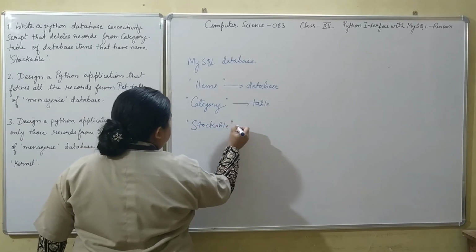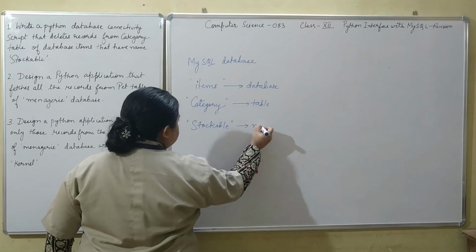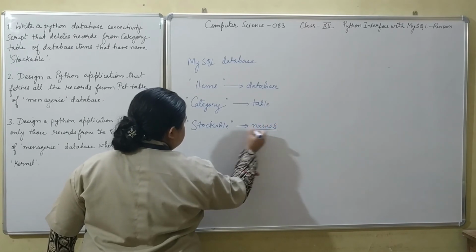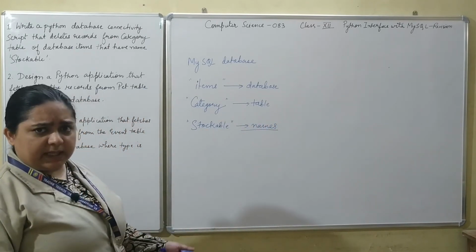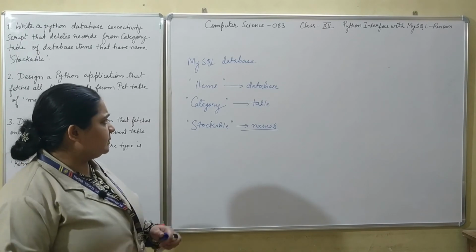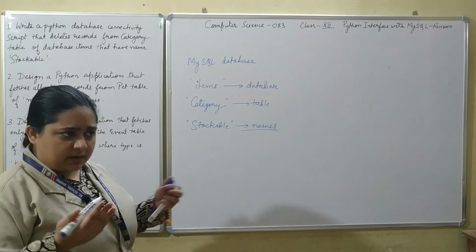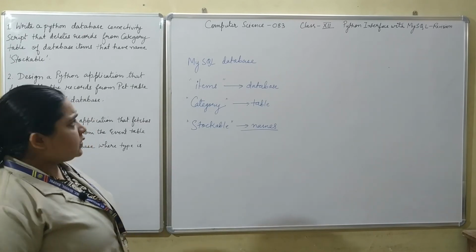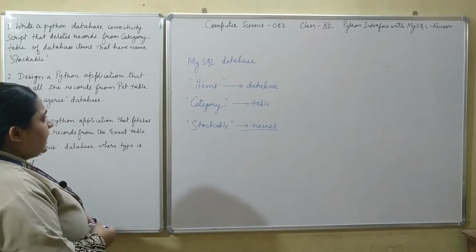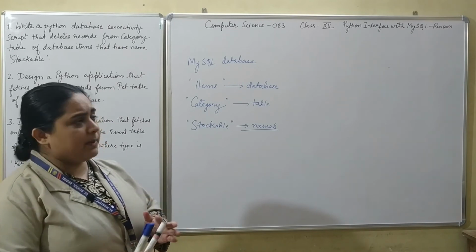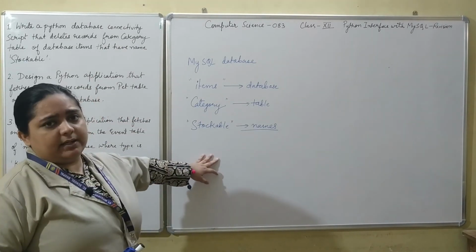Now you might be wondering, I don't have the database, I don't have the table with me, I can't see the table, I don't know what the different fields are and what the data within the table is. In this question, students, in your theory exam, you may not get all the required information.